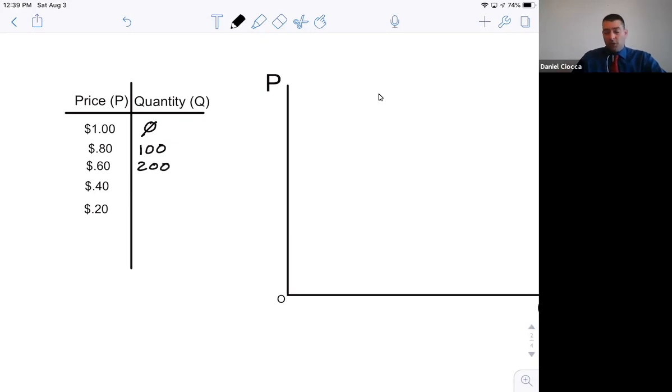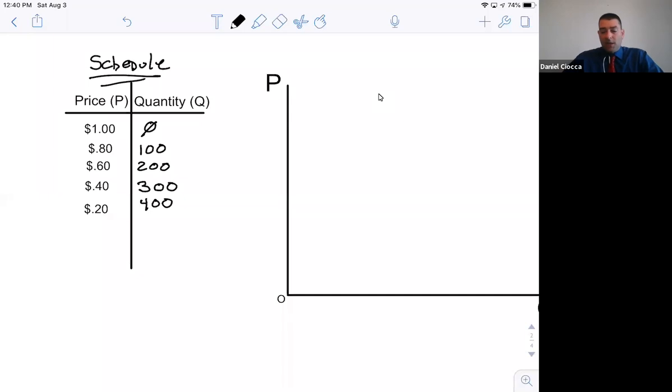And if I lower the price to 40 cents, I would have sold the same 200 chocolate bars and even more. So maybe now we're up to 300 chocolate bars. And likely if I lower the price all the way to 20 cents, maybe I would have sold 400 chocolate bars. This is what's known as a demand schedule.